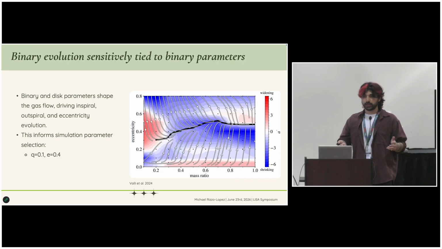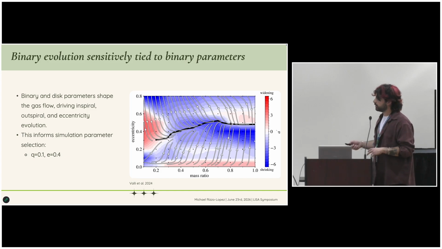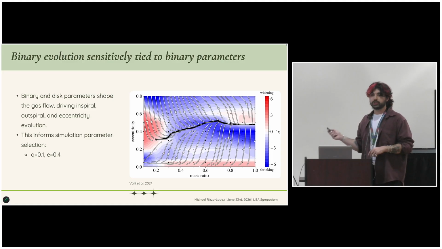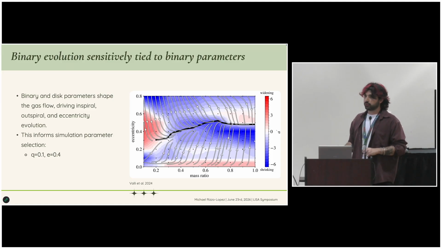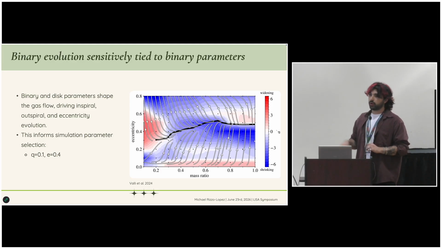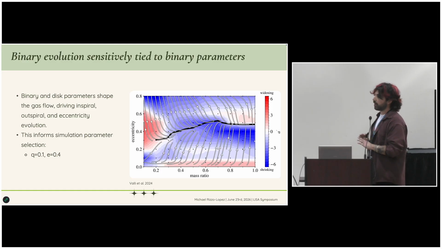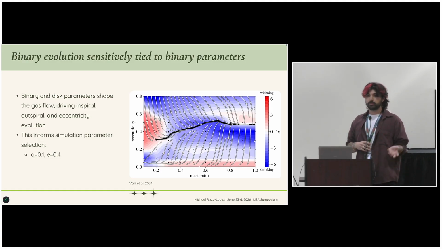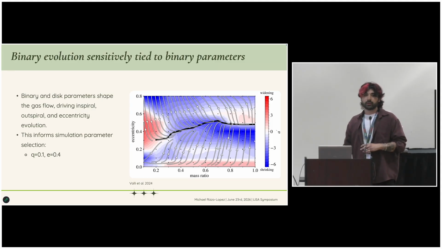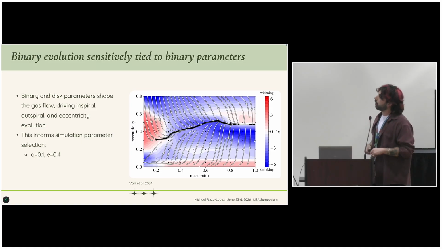In our current understanding of binary evolution, I have this figure on the right by Valli et al. from 2024, which has mass ratio on the x-axis and binary eccentricity on the y-axis. The black dots on these points are individual hydrodynamic simulations of binaries run by Magdalena Siwek in 2023, and this color mapping is an interpolation to show which of these binaries are in-spiraling with gaseous accretion torques, and which are out-spiraling.